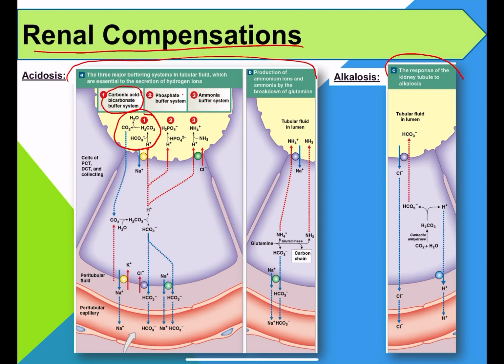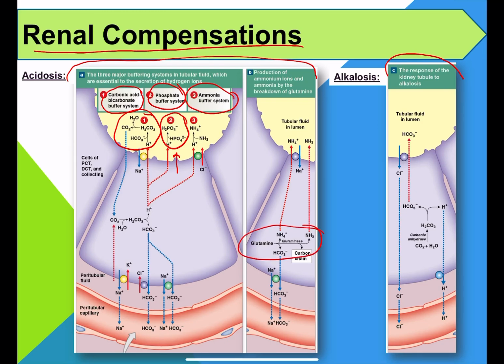The phosphate buffer system also exists within the kidneys. So that's why it talks about the phosphate buffer system being a major buffer system for ICF and the urine. So that's where that comes into play. And then you have your ammonia buffer system that I just talked about with glutaminase and glutamine. Okay, right here, glutaminase and glutamine.